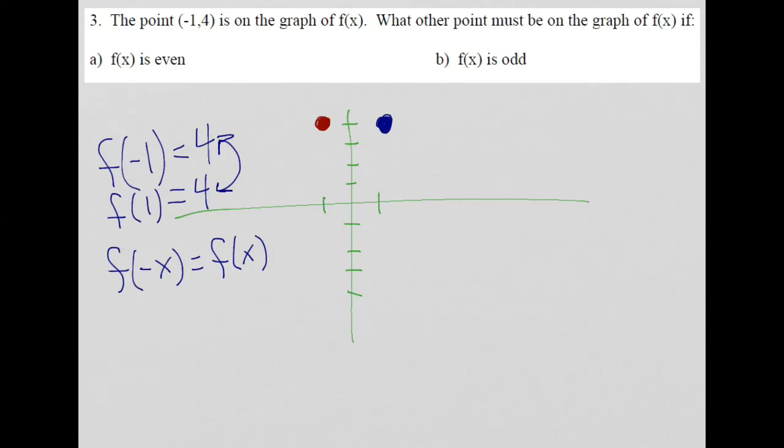If f of x is odd and the point -1, -4 is on there, we need to get this point down here, which is not only the opposite of the x value, like our blue point up here, which went to +1, +4 from -1, +4.